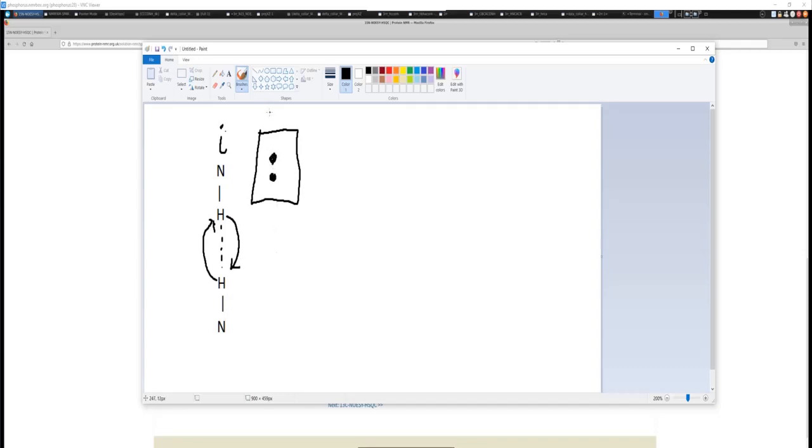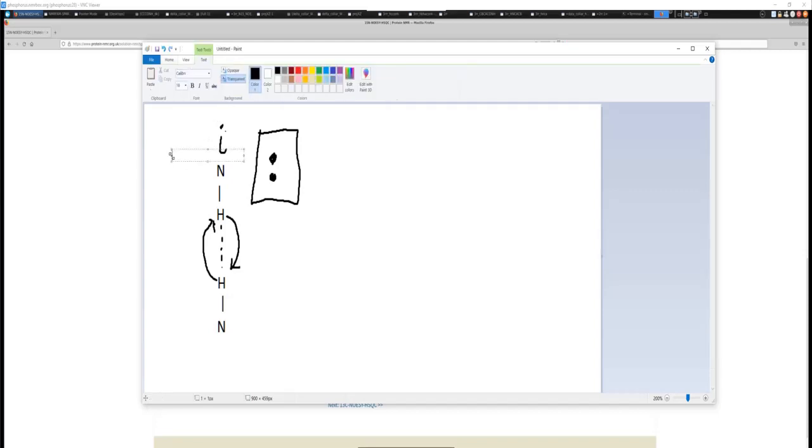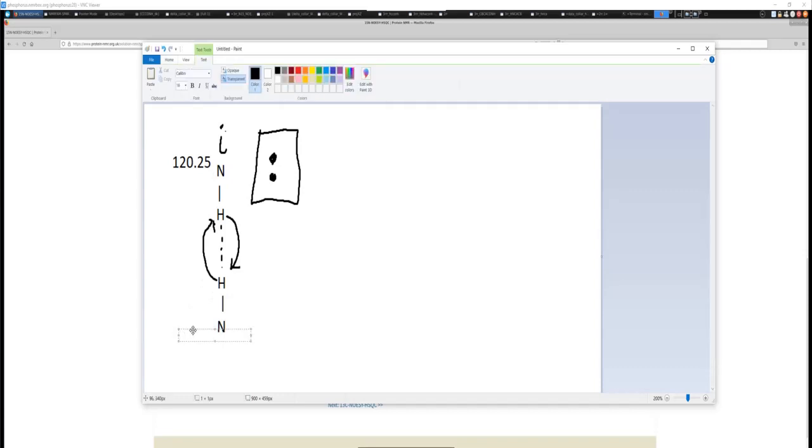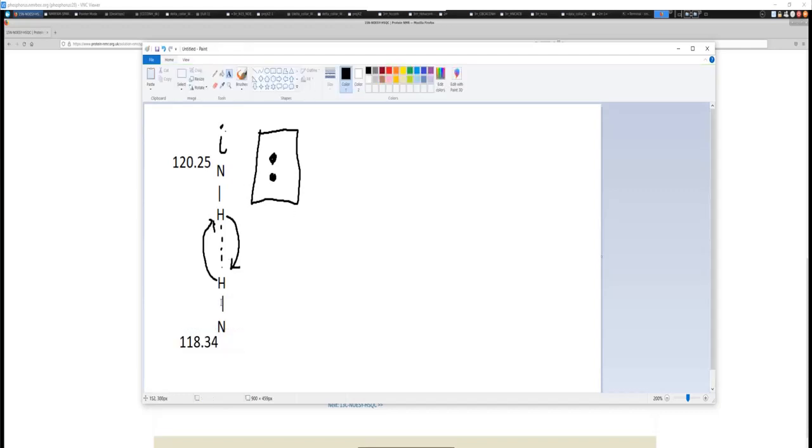So this is, say, a nitrogen peak at 120.25, for example. That is the value of this nitrogen. Now this nitrogen down here has a value at 118.34.